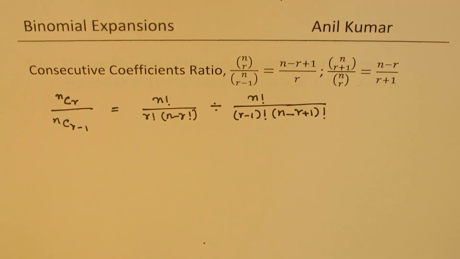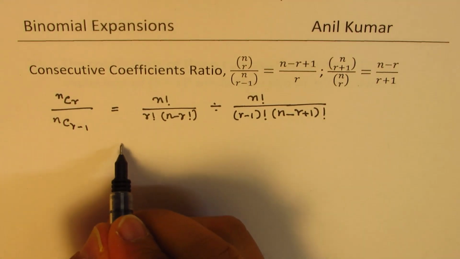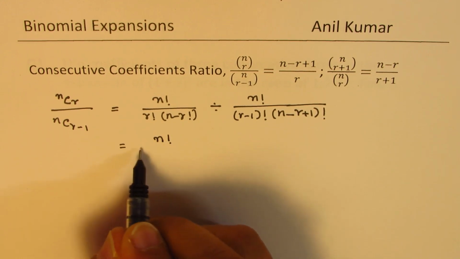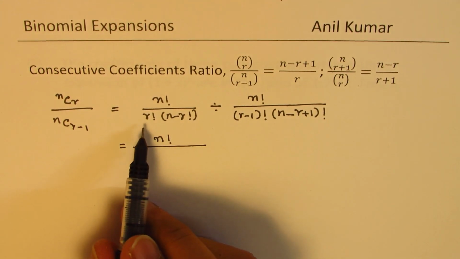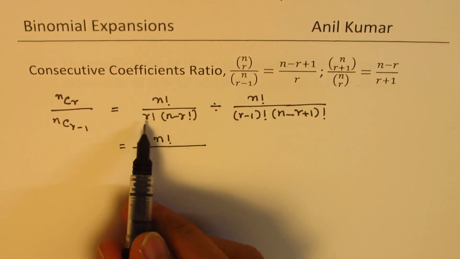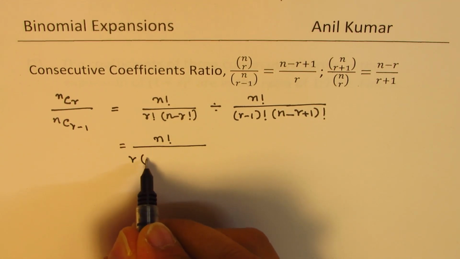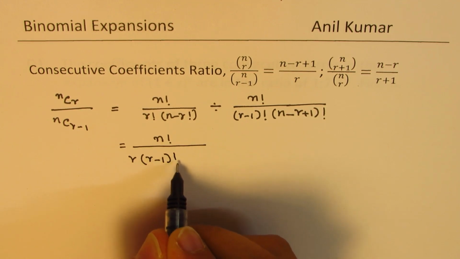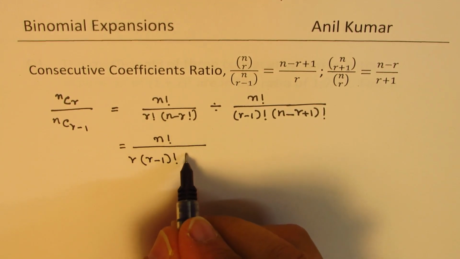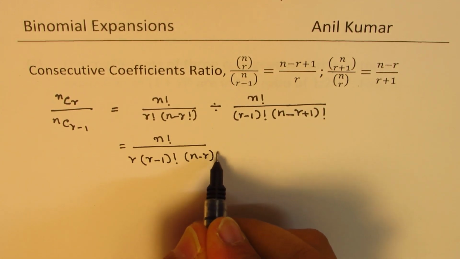That is what it is. So we could write this as n factorial over. Now we want r minus 1. So we can say r times r minus 1, right? So this will be r times r minus 1 factorial. Here we have n minus r factorial.